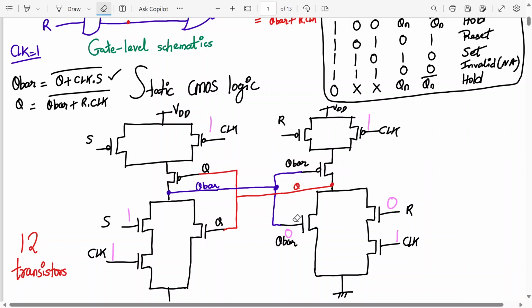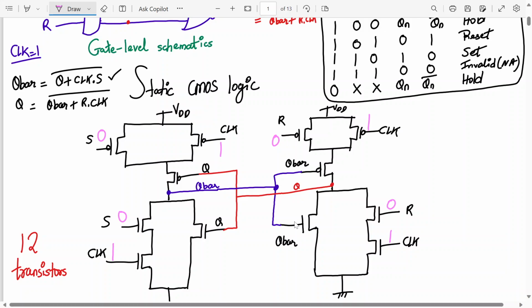Now let's check the hold condition. Clock is 1, S is 0, R is also 0, so these will all be 0. Now tell me, for this to happen, it is holding the previous state, right? So what is the previous state?